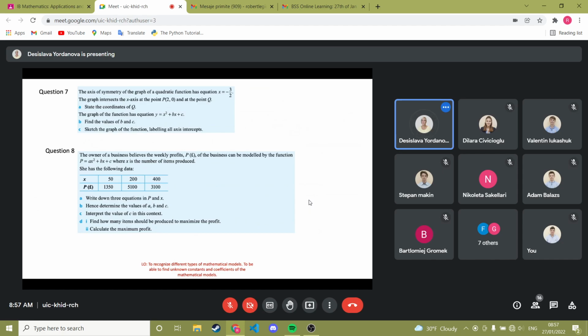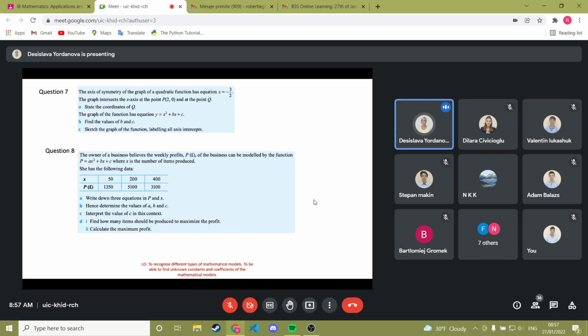What's the relationship between x and p and a, b, c? What did we do last time? Oh, we're going to get a system of equations.